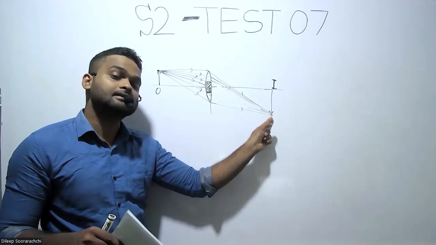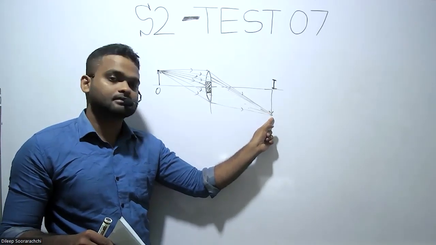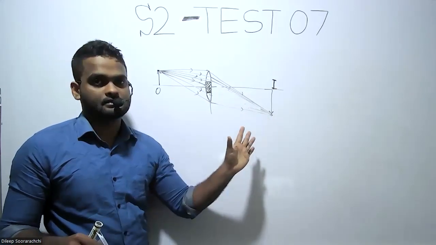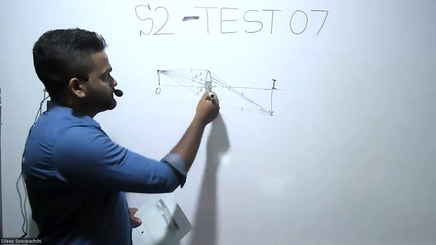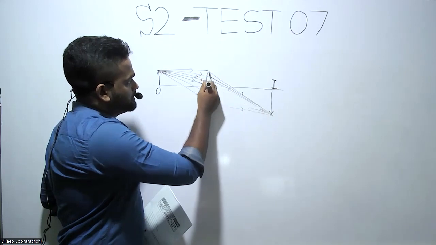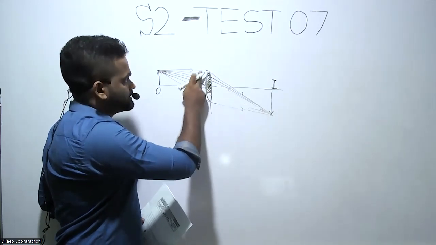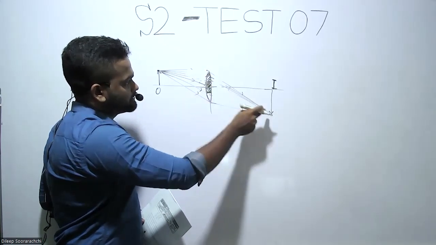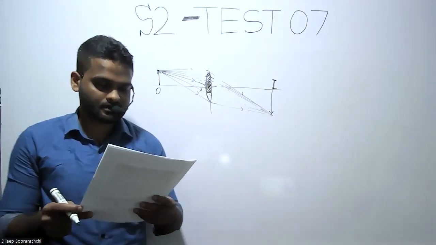Now it has fewer rays forming the image. So the brightness decreases. That's all that happens, right? Same thing happens if you cover this part of the lens. The number of rays would decrease, but still the image is formed without any difference.